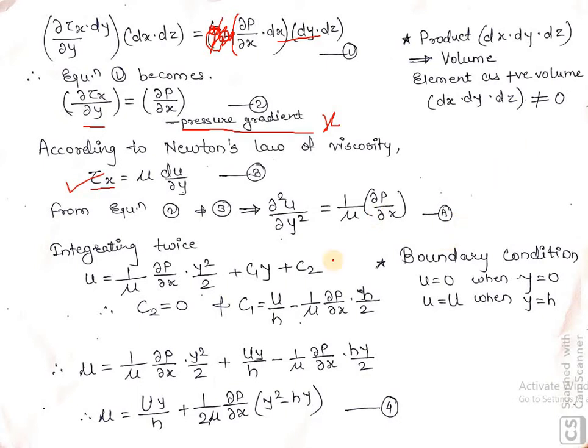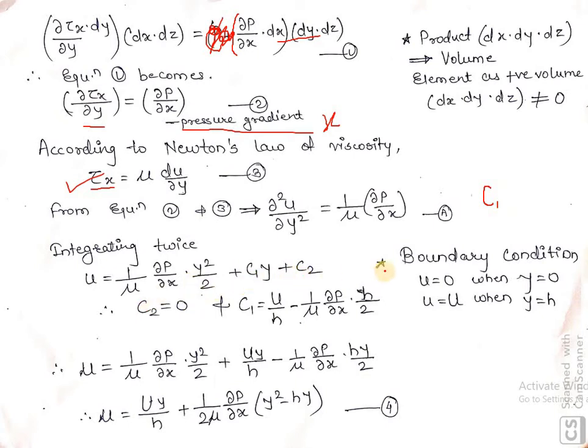You will get y, then plus you have to add a constant. Initially you will take c1. Okay. Then integrating it again, here you will get u equals 1 by μ ∂p/∂x into y²/2 plus c1 multiplied by y plus c2.